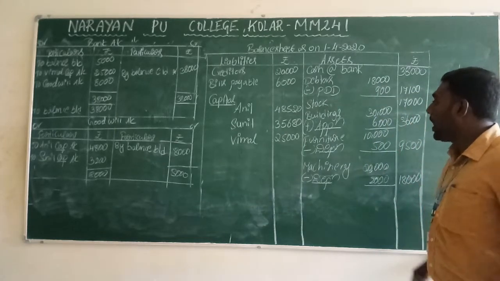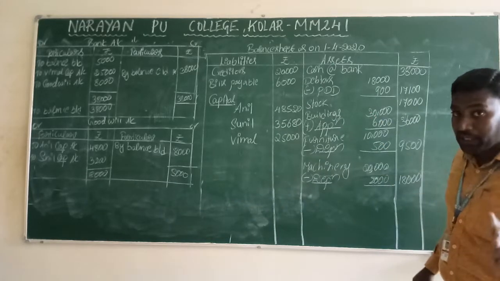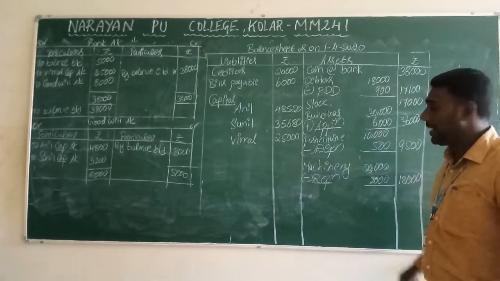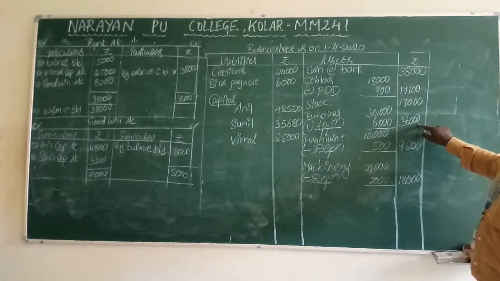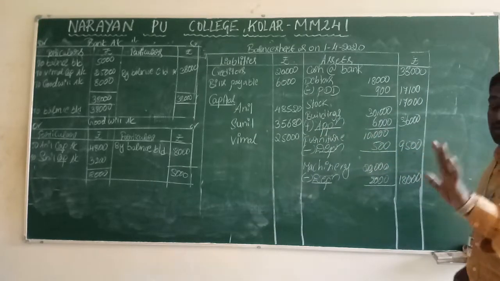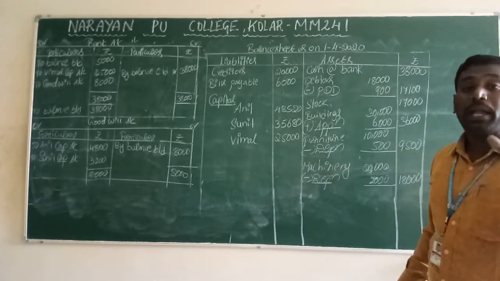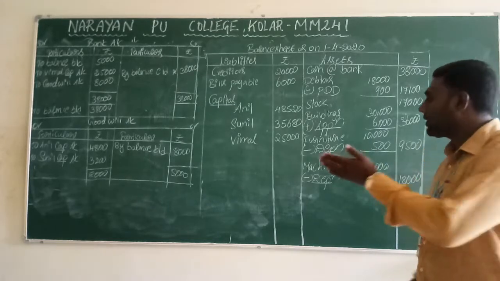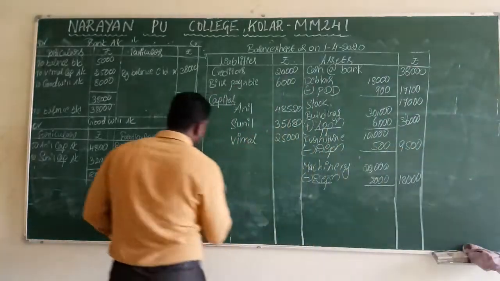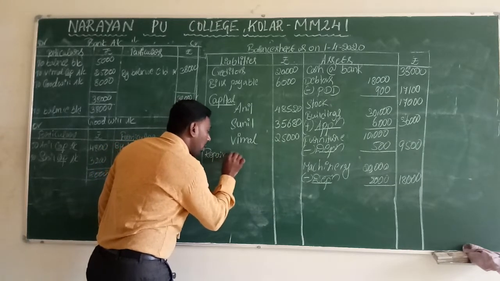Adjustment number 4, appreciation of buildings. Once we should record it as an income on the credit side of the revaluation account, and the same value we should add, and the present value of the building is 36,000. And last, adjustment number 5. Provide repair charges. We should consider that as an expense, and finally to transfer to the liability side, we should write repair charges.